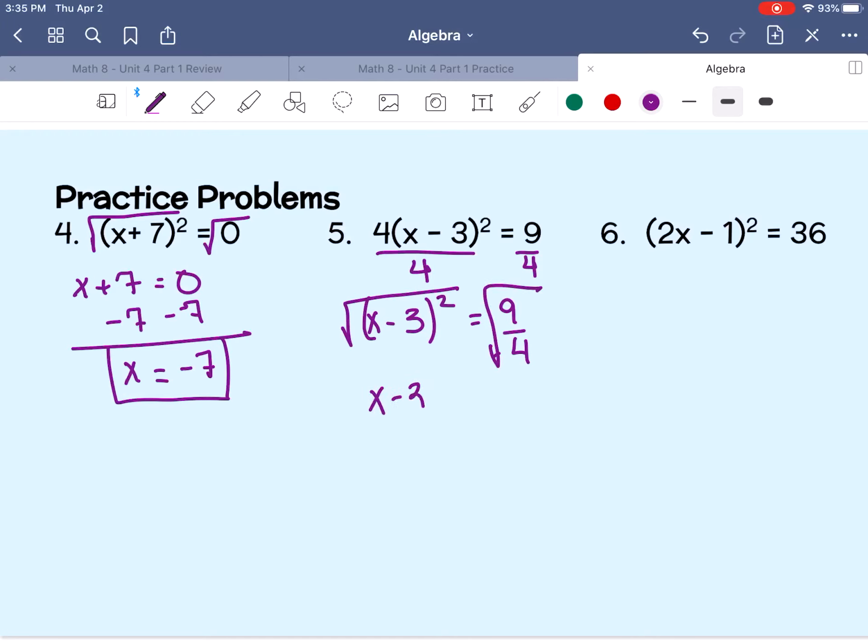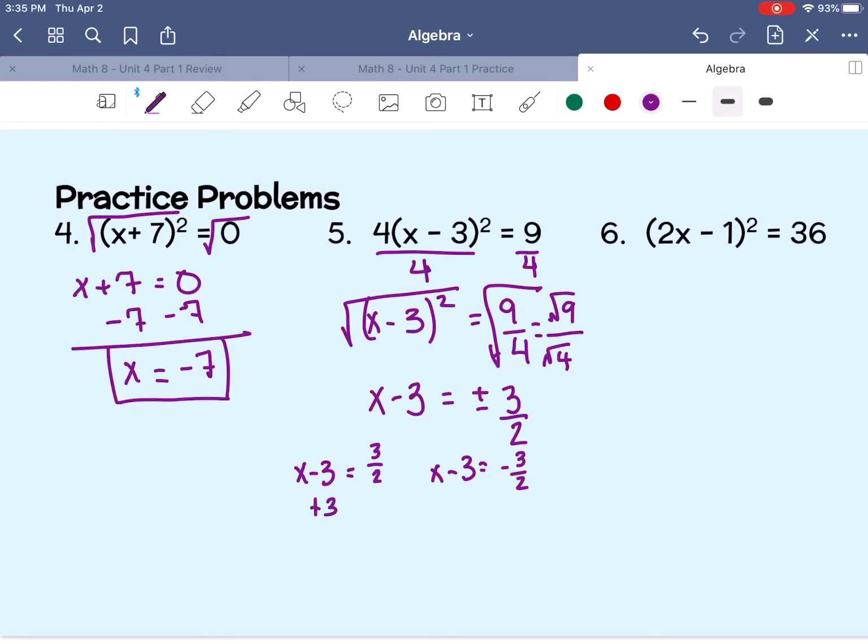So this comes out to be x minus 3, and then this comes out to be a positive or negative 3 over 2, because the square root of 9 is 3 and the square root of 4 is 2. So that means we've got x minus 3 could equal positive 3 over 2, and x minus 3 could equal negative 3 over 2.